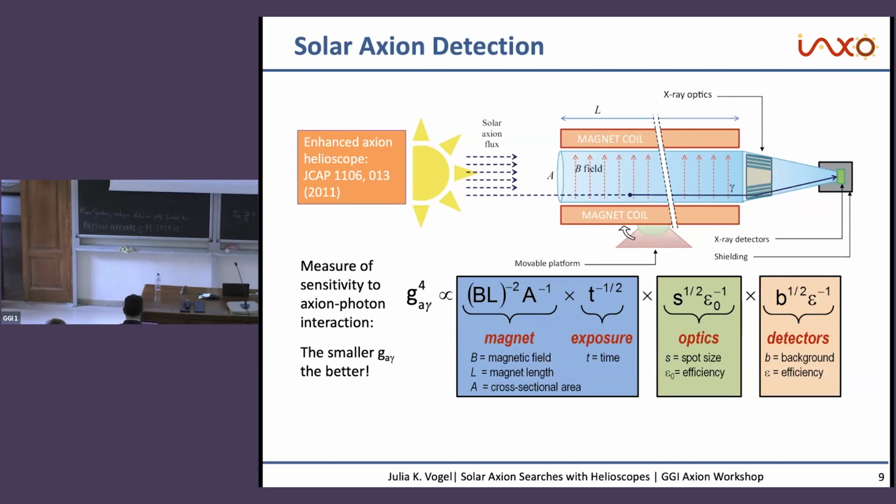But unfortunately, detectors have to be pushed towards that direction. And this is also what you can see here. So we want to have as small a background as possible in our detectors and a high detection efficiency. And in terms of the optic, what it helps is if it focuses the signal on a small spot, this is the S here, with a high detection efficiency, so we lose as few photons as possible along the way.